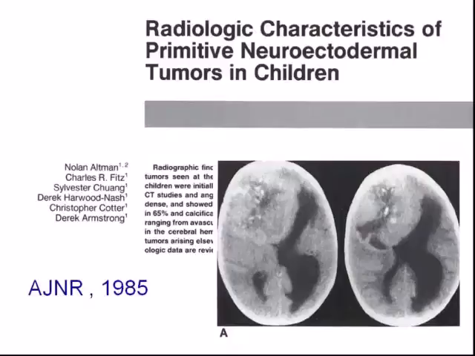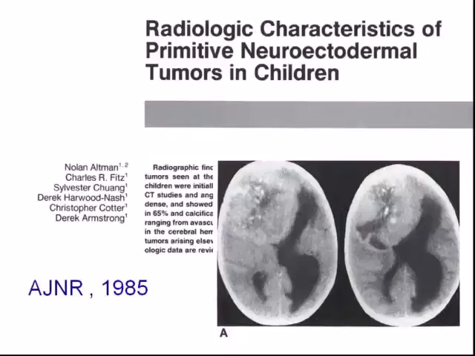So I did a literature search, trying to see how much has been written on supratentorial PNET, and I ran across a paper by the Toronto group from 30 years ago, and they had made some very, very marked observations about the hyperdensity of these tumors on CT. Essentially, they looked at 30 supratentorial PNET cases, so it's actually one of the largest collections of cases.